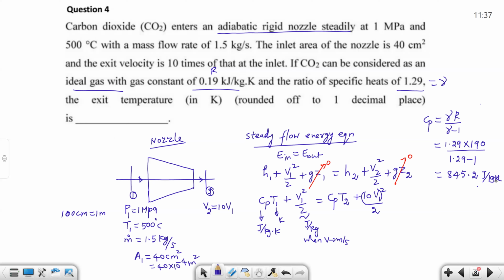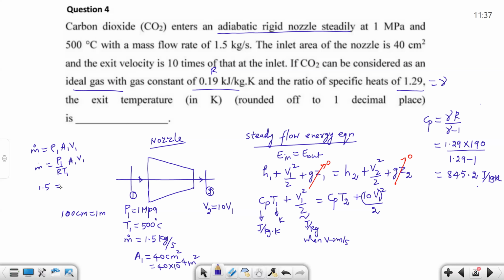Okay, Cp is known. Now how do you calculate velocity? From the mass flow rate: m dot equals rho1 A1 V1, where rho1 is P1 by R T1. Now you substitute m dot is 1.5.